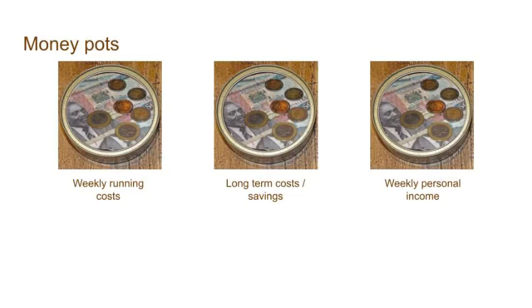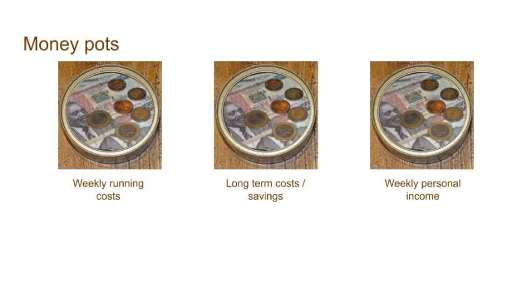And then the third money pot is what you would consider taking out of the business as a personal income every week. So we're going to think on a weekly basis for all of these things. We're going to think about how much money on a weekly basis we would put into the first money pot for running costs, how much money every week we would put into our long-term costs and savings money pot, and how much money each week we would take out as personal income.